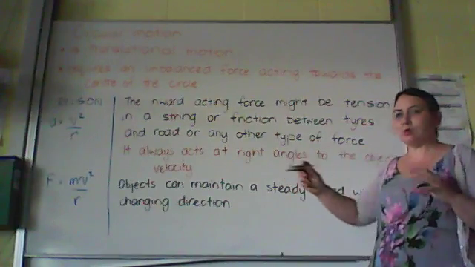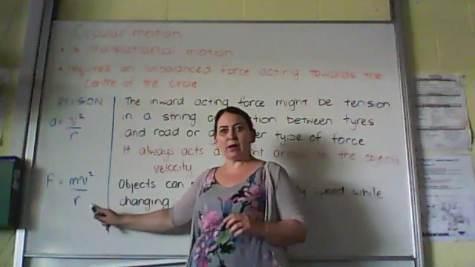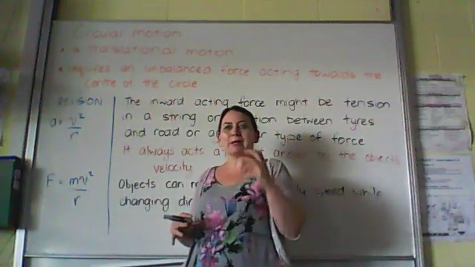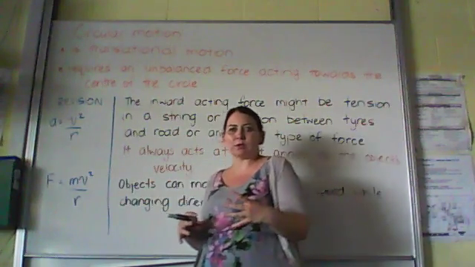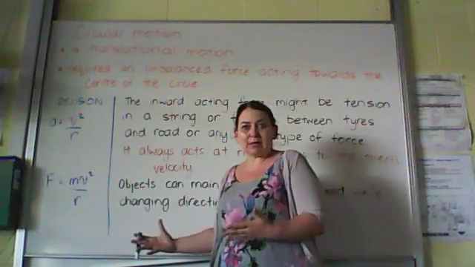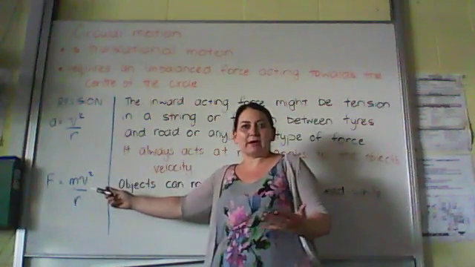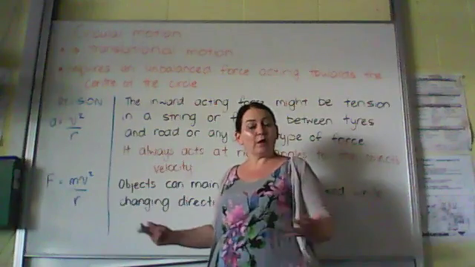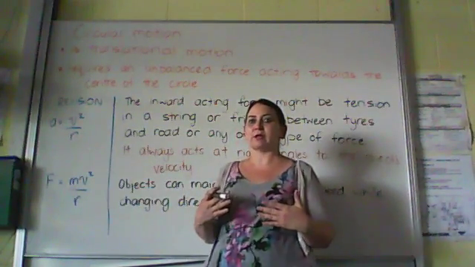And this becomes important when we look here when we talk about F. So for an object to be able to turn in a circle, we must apply the force to it as an unbalanced force. It has to come from somewhere. If the force isn't big enough, then the object can't generate enough inward acceleration to make the turn safely, and the object will go flying off at a tangent in its straight line direction.